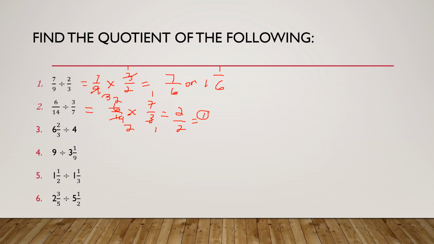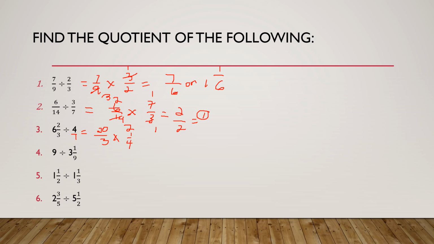Okay, next. For number 2, we get here 3 times 6 is equal to 18 plus 2 is 20. 20 over 3. And then the 4 over 1, of course, the denominator of 4 is 1. So times 1/4.